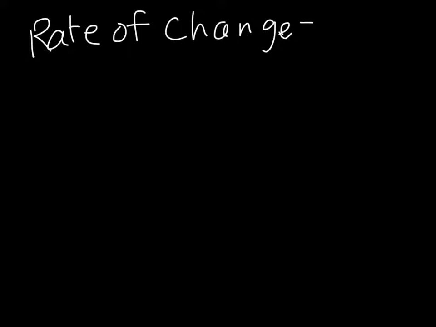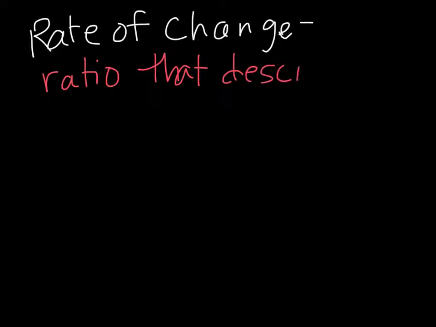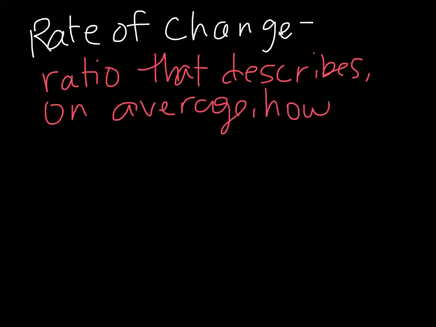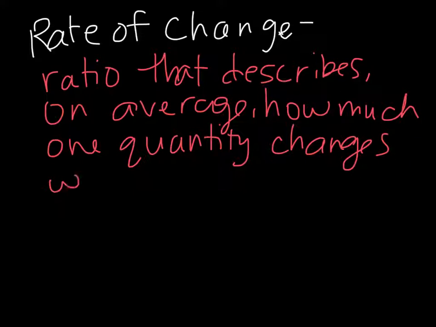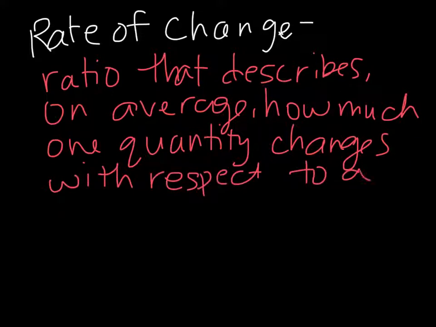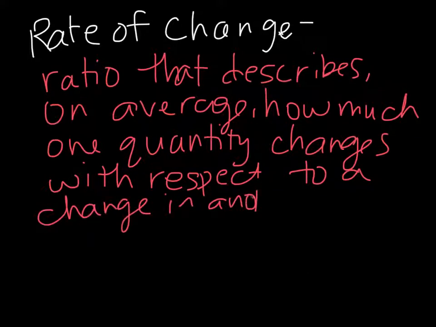So when we talk about the rate of change, it is just a ratio that describes, on average, how much one quantity changes with respect to a change in another quantity.